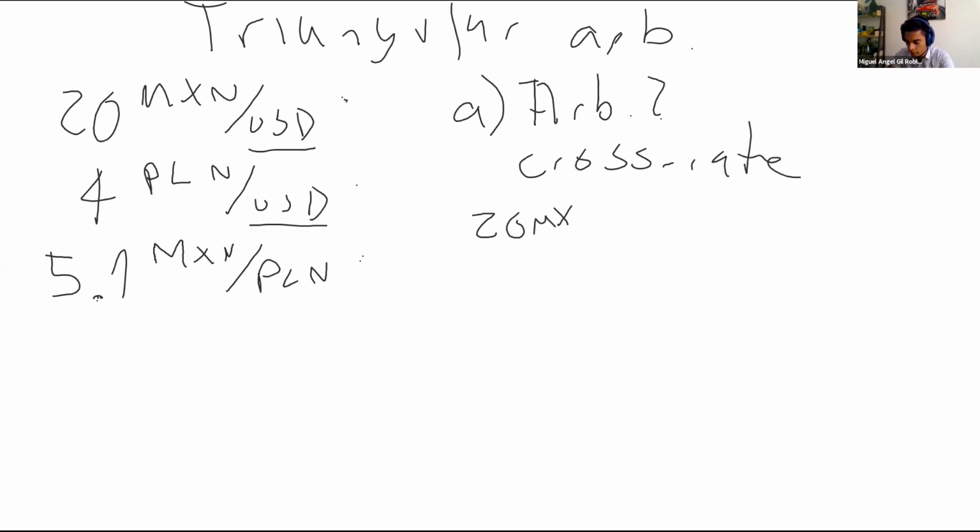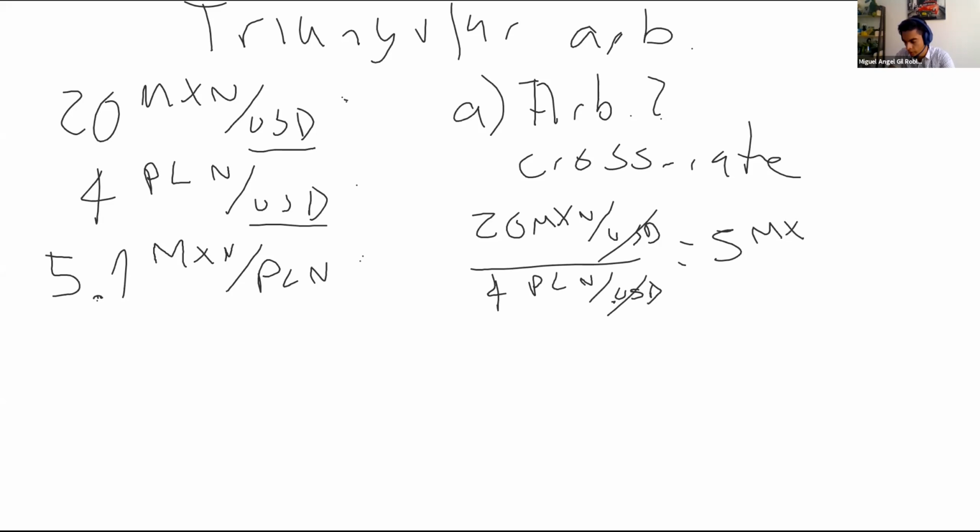20 pesos over dollar divided by 4 zloty over dollar. By doing this, you can eliminate dollars and the answer will be 5 pesos over zloty. How can you answer if you can make arbitrage?